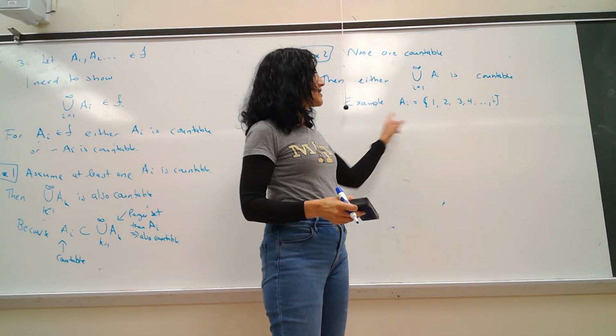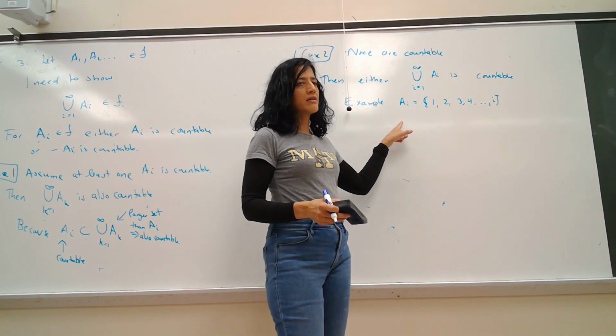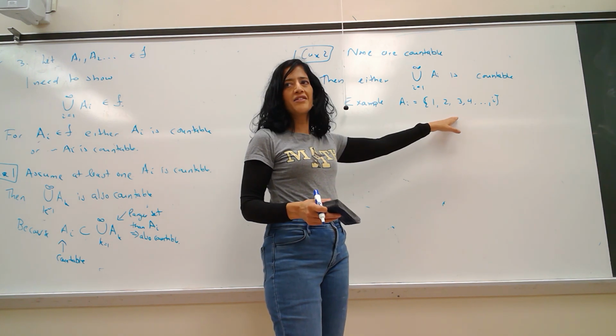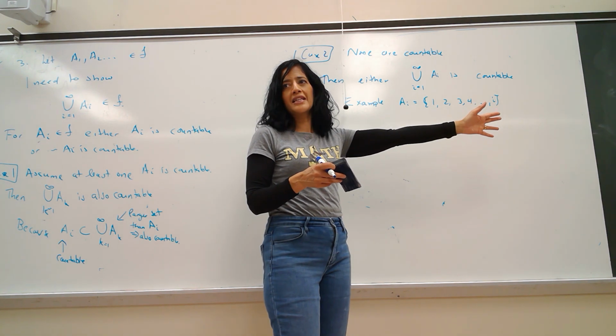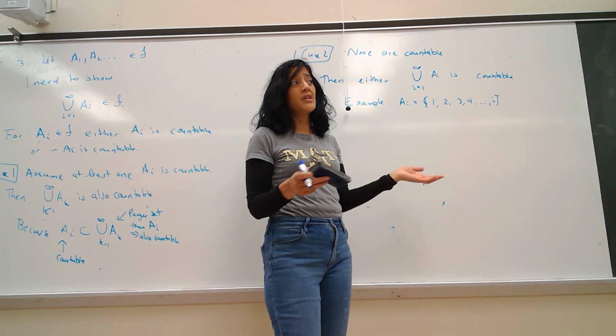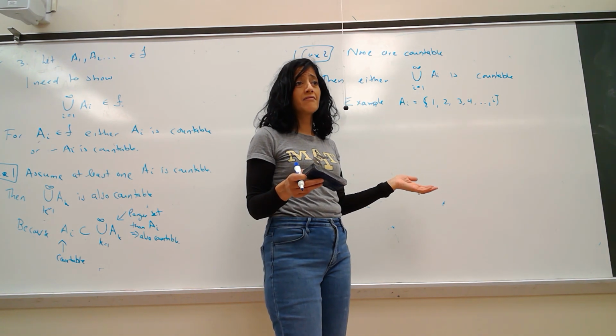So you can take something like this, they are just up to the ith number. Each one of them is finite, but when you union them up, you're going to get a countable set.